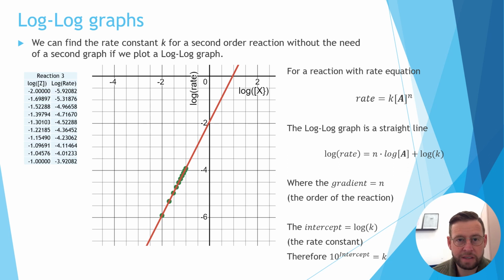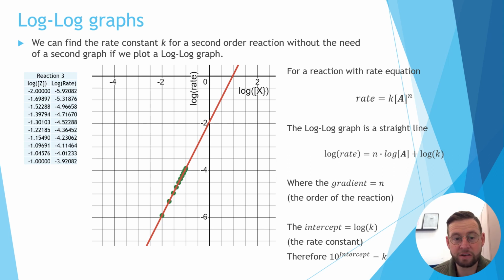Now, when you plot any kind of power law on a log-log graph, it draws a straight line. And the properties of that straight line tell you about the order of the power law that you've used. So we can use it here. The straight line as drawn here, this is reaction 3. This is the one that you've just drawn out. The log of the rate is on the y-axis, and the log of the concentration is on the x-axis.